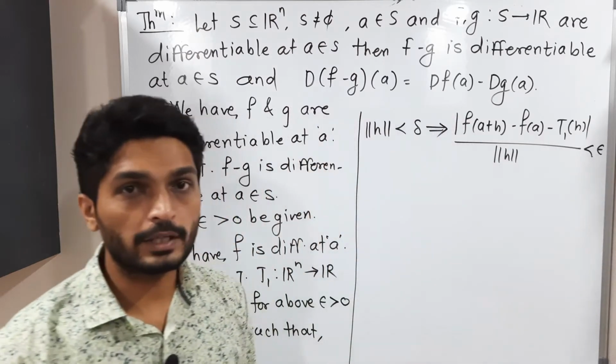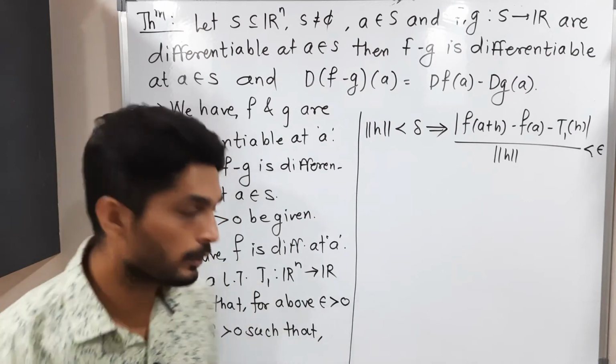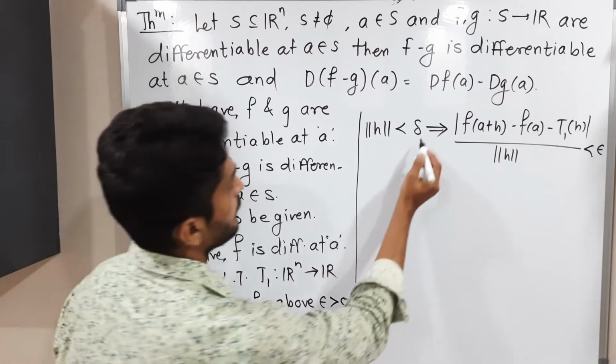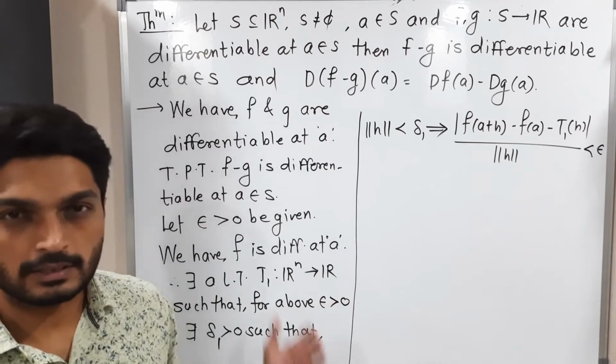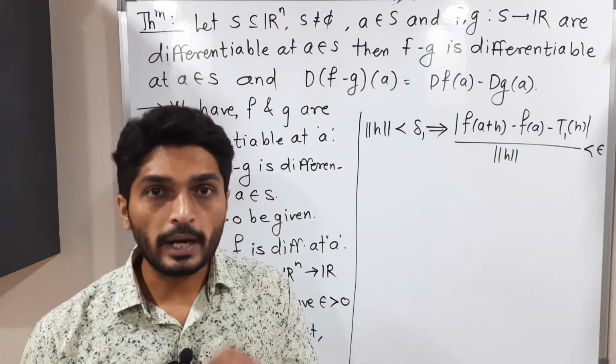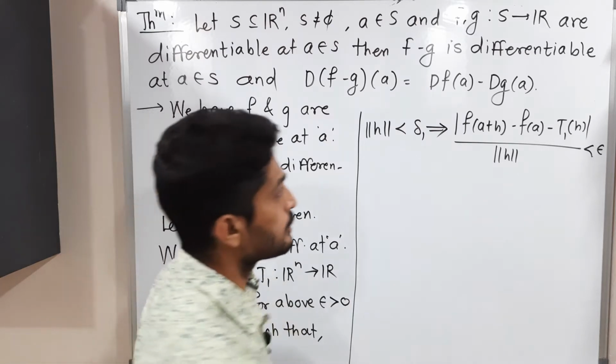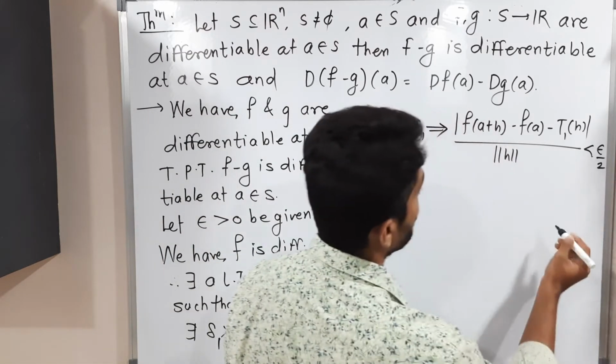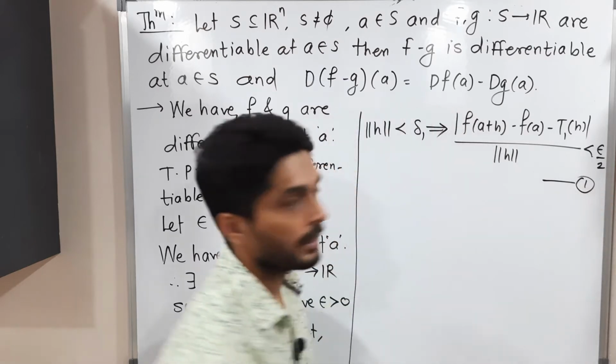By definition we could write it. So instead of delta I am going to write delta 1 everywhere, since in the next step we will have a delta 2. As well as one more adjustment: instead of epsilon I will write epsilon by 2. This is my statement number 1.